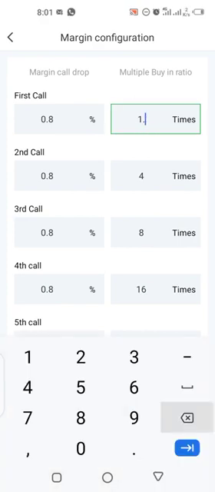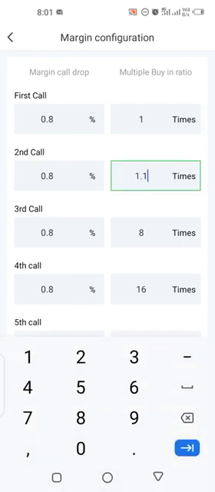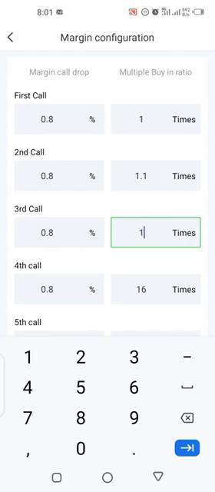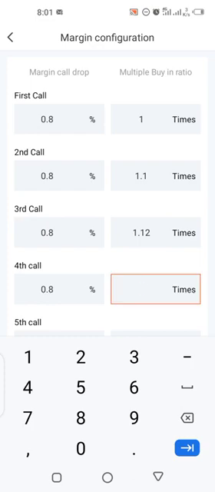So if I put a 1 there, I can put a 1.1 there, and then I put a 1.12 there, then I put a 1.13. This is simple.